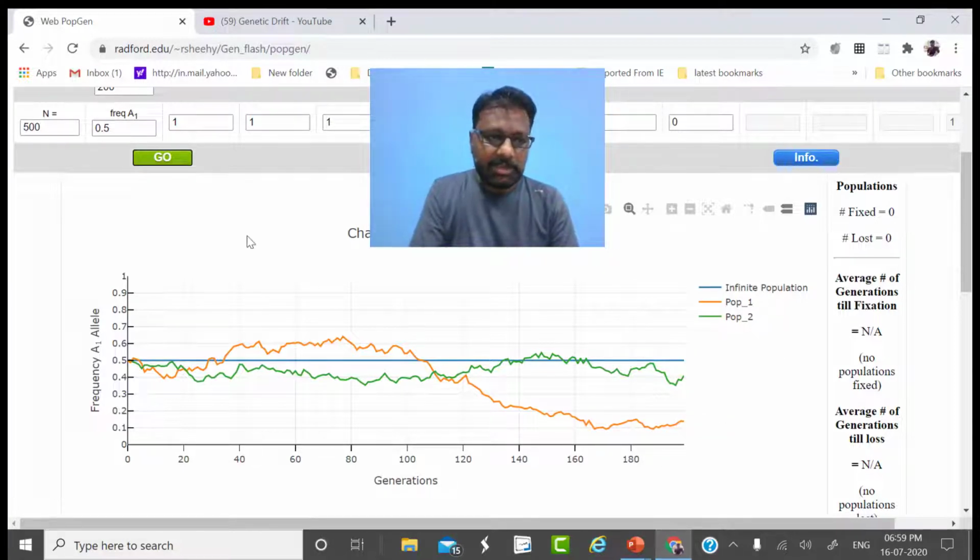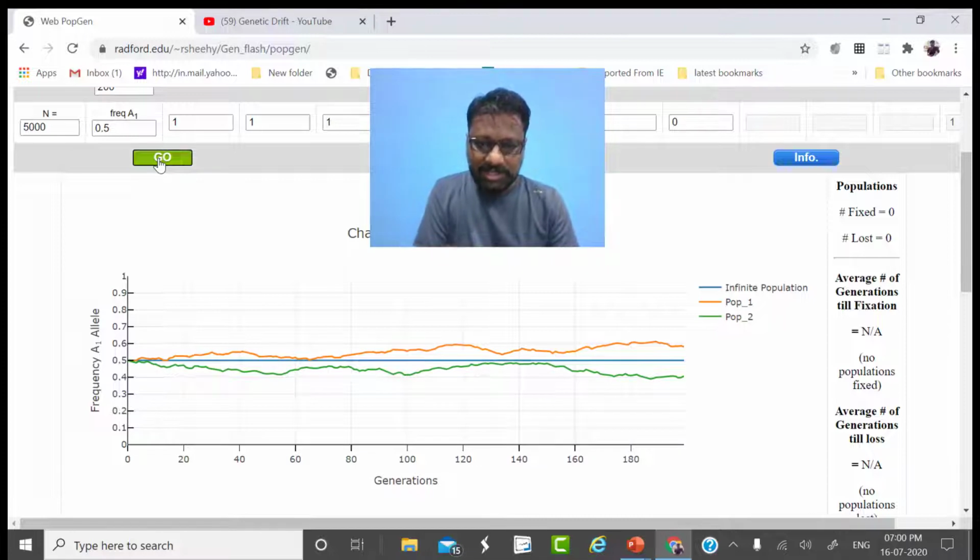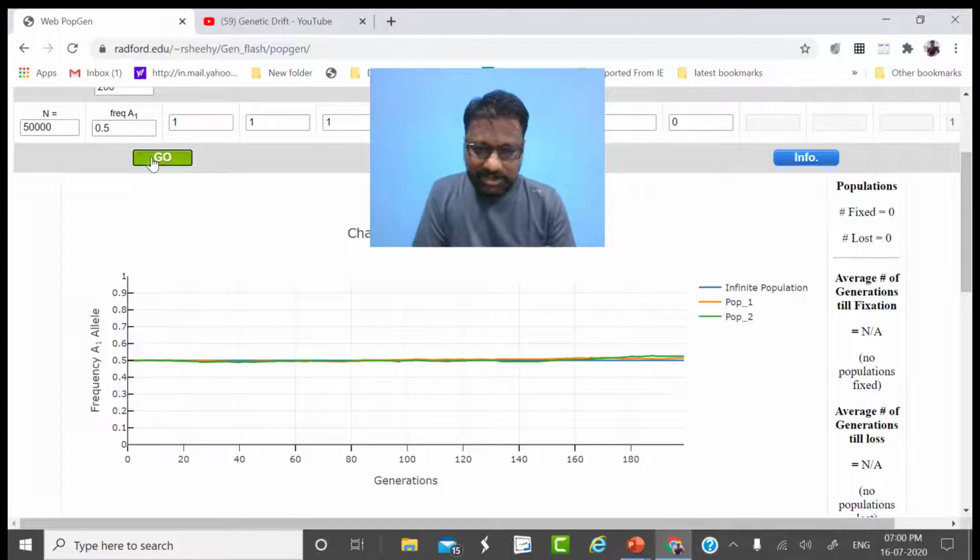If you keep on increasing the population size, there is even less drift. If you increase it to 50,000, there won't be any drift.